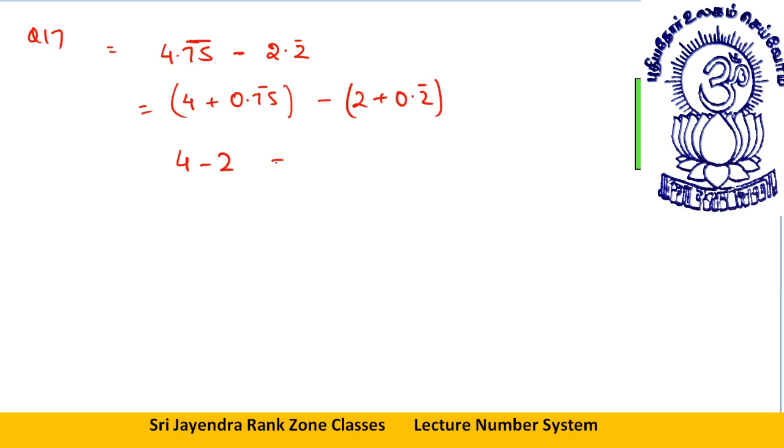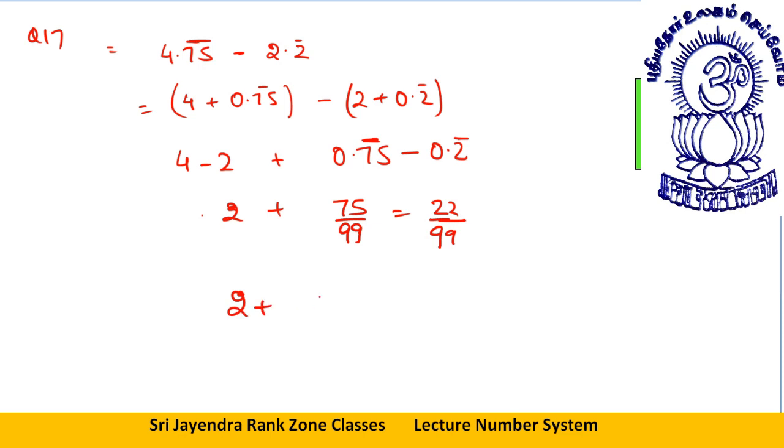This is 4 minus 2 plus 0.75 bar minus 0.2 bar. Okay, 4 minus 2 is what? 2. 0.75 bar is 75 by 99. 0.2 bar you can write 2 by 9. Or you can also write it 22 by 99. It will still remain 2 by 9. You can cancel it. So this becomes 2 plus 73 by 99. Or you can say 2.73 bar. This is your answer.